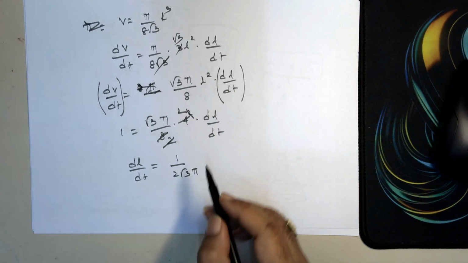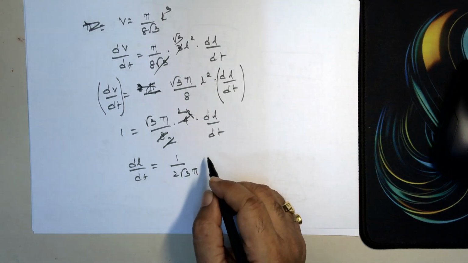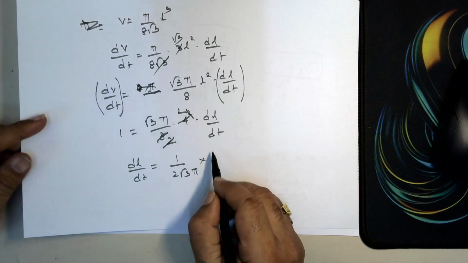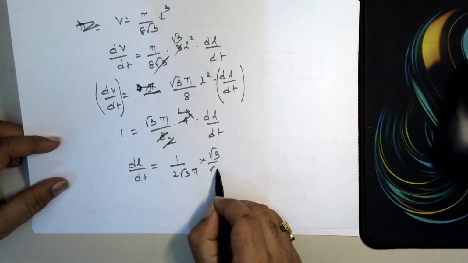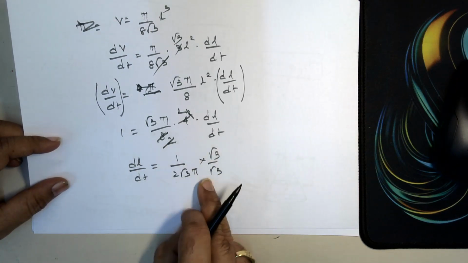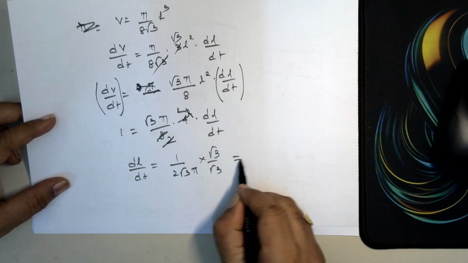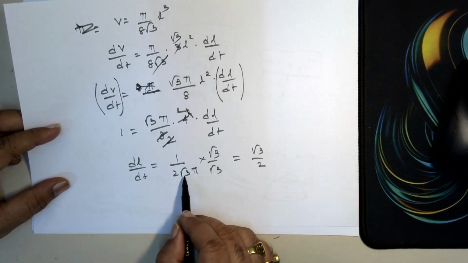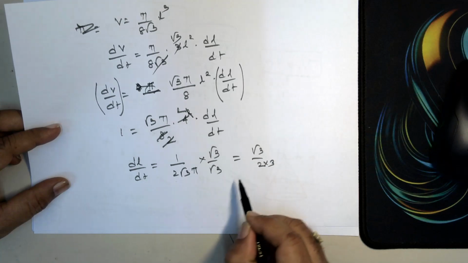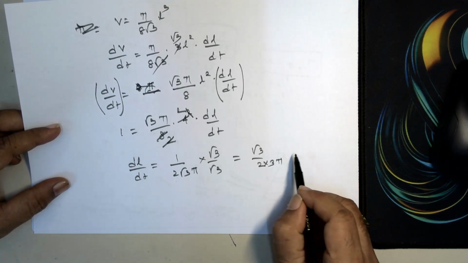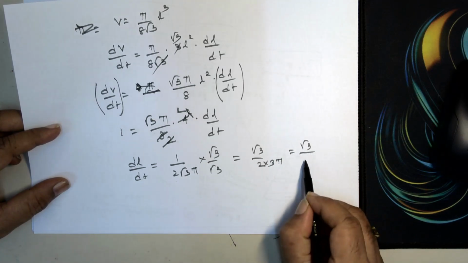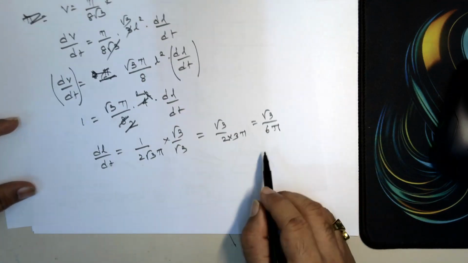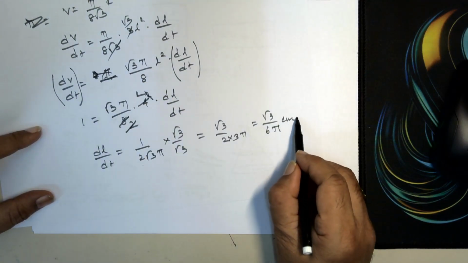Now, if you want, you can rationalize also, multiplied and divided by root 3, because we don't allow this root 3 in the denominator. So it becomes root 3 by 2, and this is 3 into pi. It means root 3 by 6 pi, correct? So root 3 by 6 pi centimeter per second.